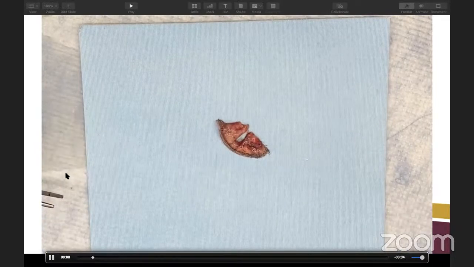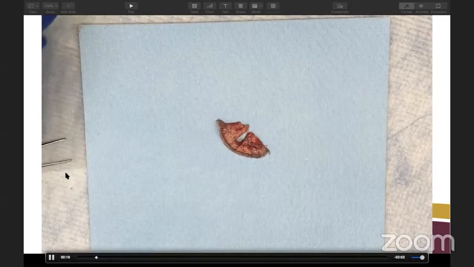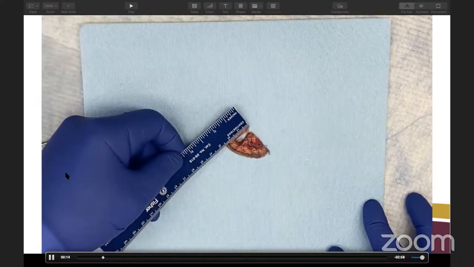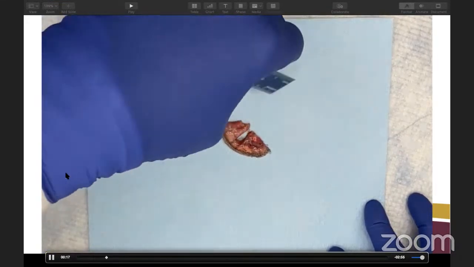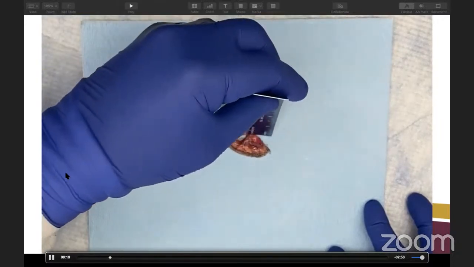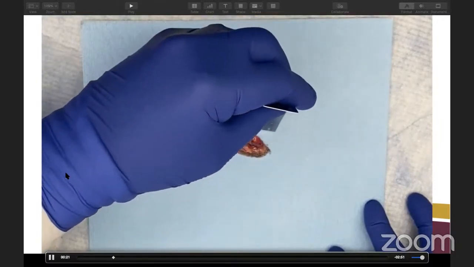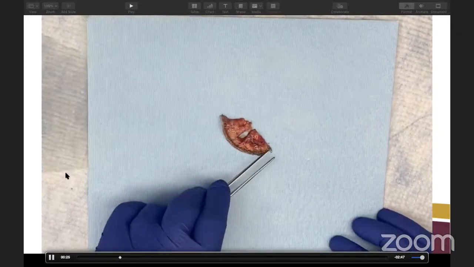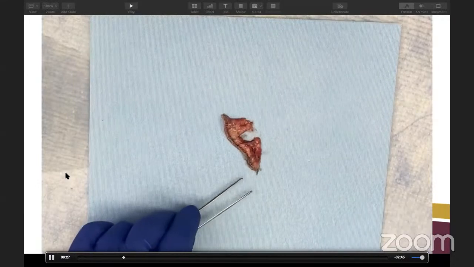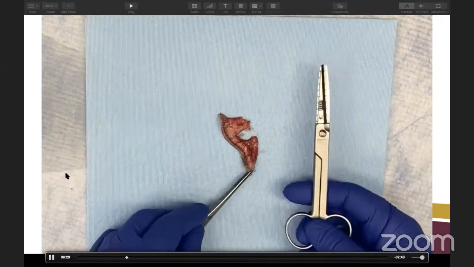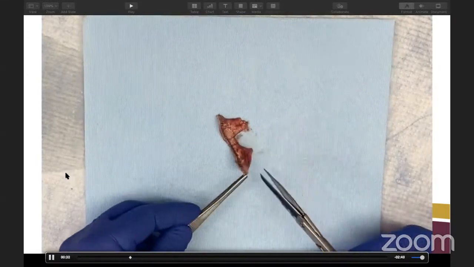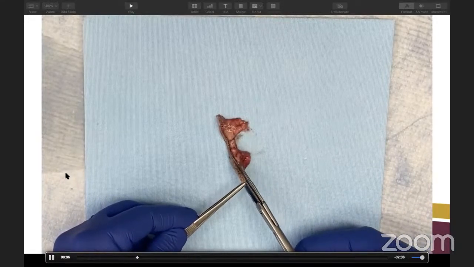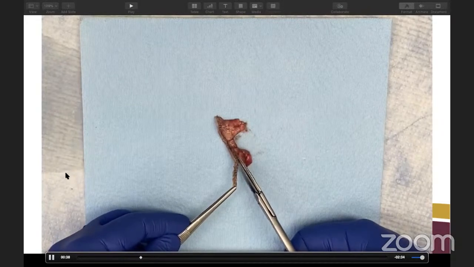So now you'll see the staple line along the bottom, going to the left. So I'm measuring the specimen, of course. And then just like with the previous specimen, I'll trim off the staple line with my scissors.